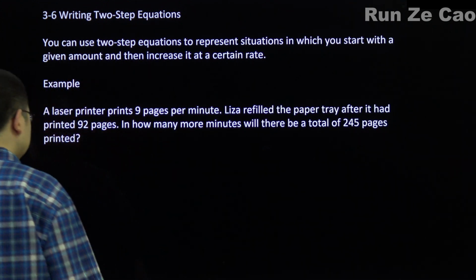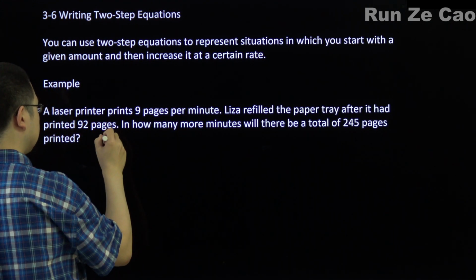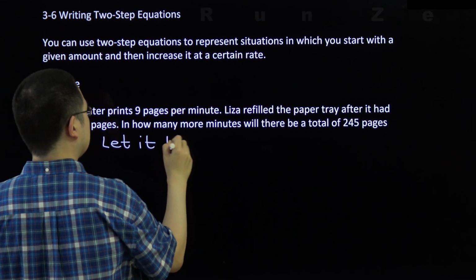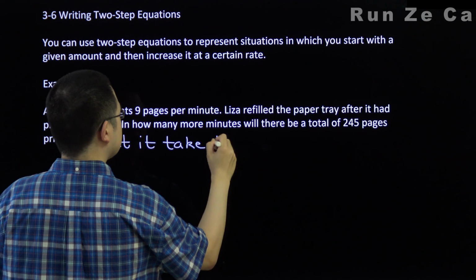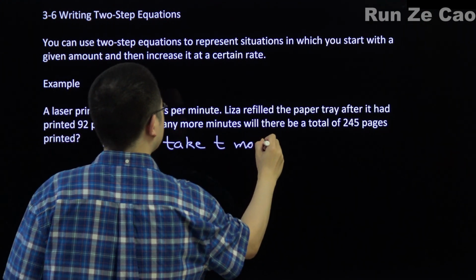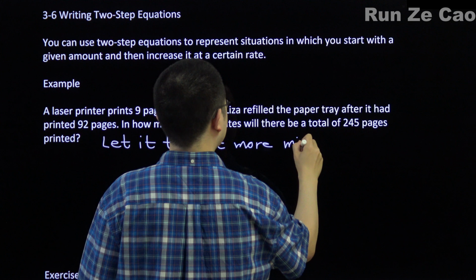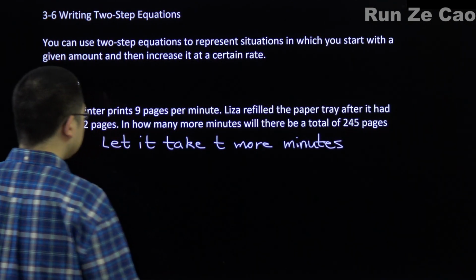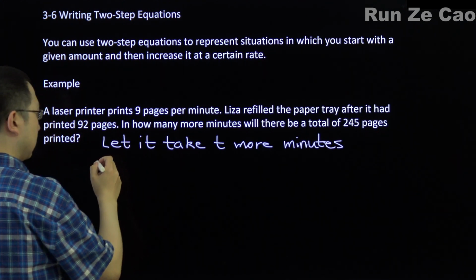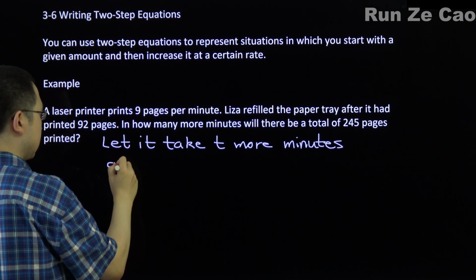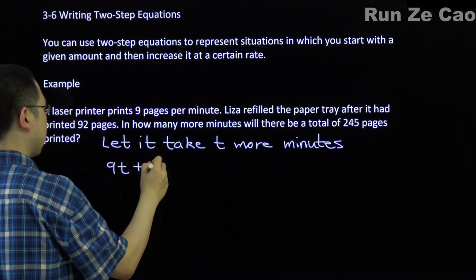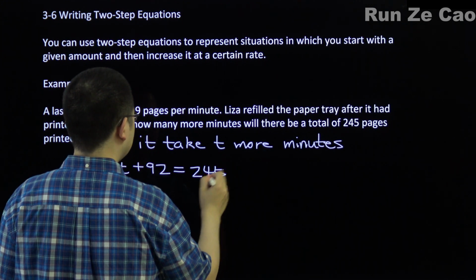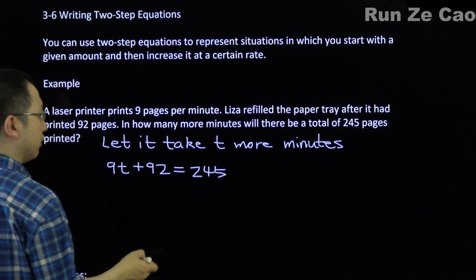Well, we have, let it take t more minutes. So 9 pages per minute, that's 9t, plus the 92 pages already printed equals the 245 pages that we expect to have.